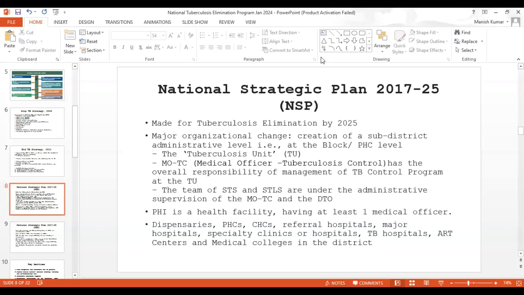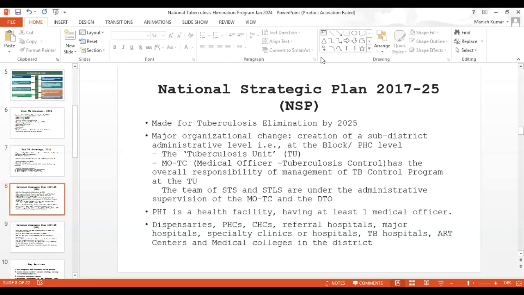That is what I am asking. Previously, in some of the states, this envisaged structure has not happened. The so-called tuberculosis unit decentralization at block level has not reached yet. So what I understood from you is that in your state you can see a tuberculosis unit down to the block level, right? Yes, I've worked in 3 states: Uttarakhand, UP, and MP.